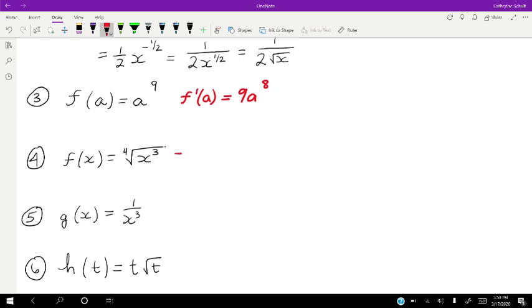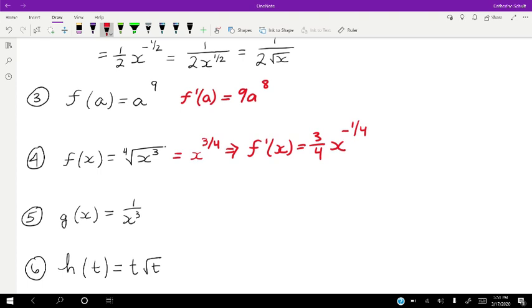For number 4, I would change this to an exponential form. So we still have the x cubed, right? And now the 4, since that's the index of the root, that's going to become the denominator. So something like that. So when you take the derivative, you bring down the exponent and subtract 1. So 3/4 minus 1 is negative 1/4.